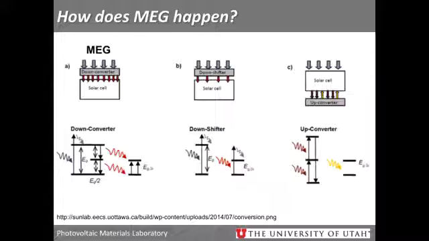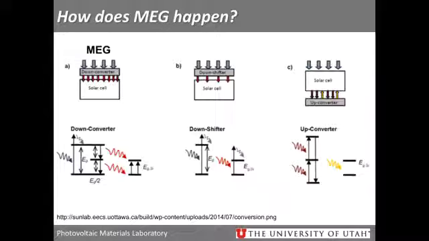So then essentially you have one incoming photon generating 2 photons, so you can see how that's known as a down converter. You take high energy light, and based on your material properties, you potentially could emit 2 lower energy photons from that one high energy photon.